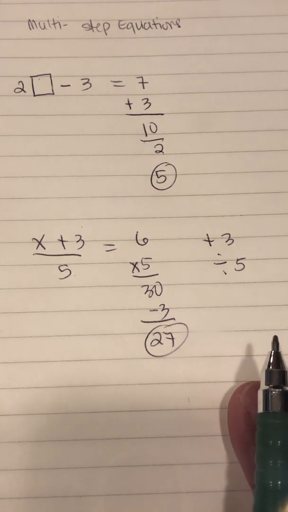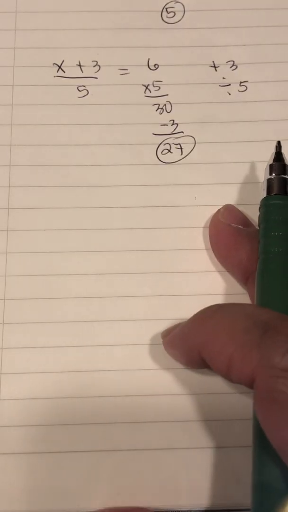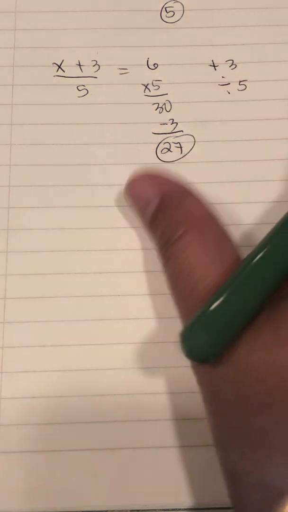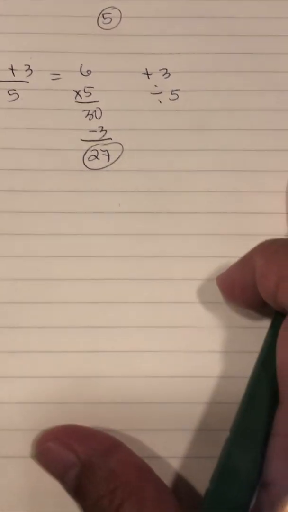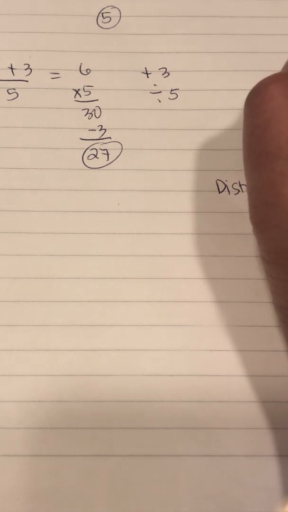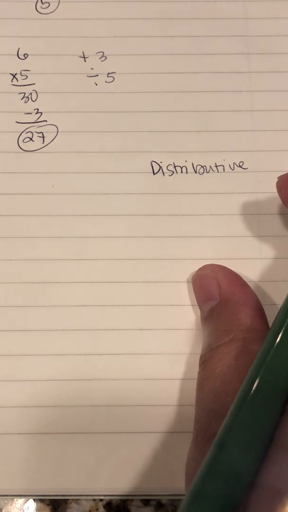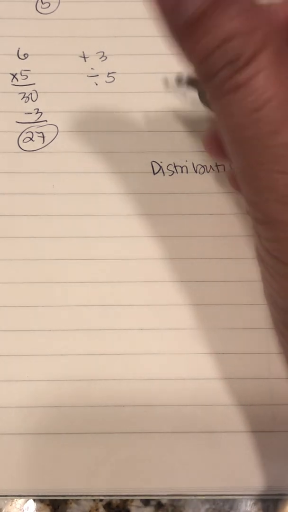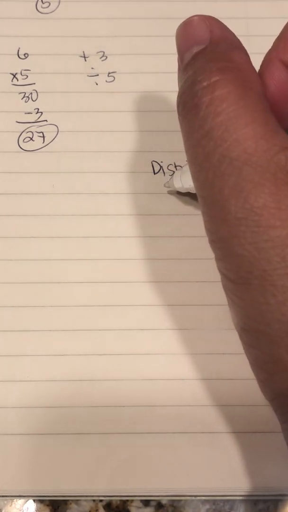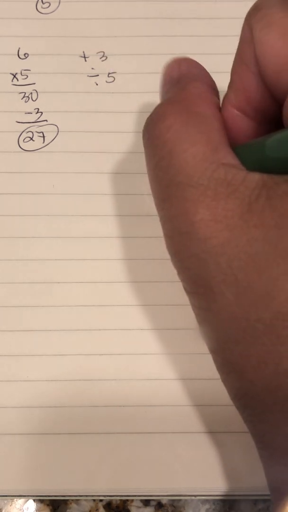All right, so now let's bring it back to multi-step equations. In multi-step equations, you would have to do your distributive property first, then followed by getting rid of your fractions.